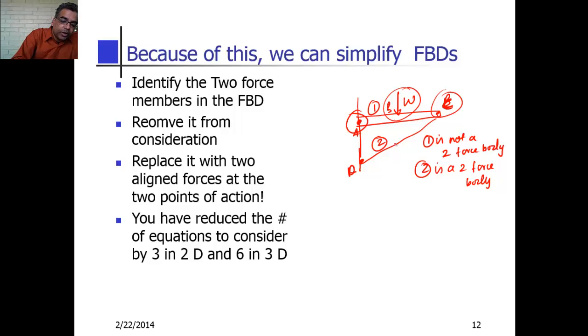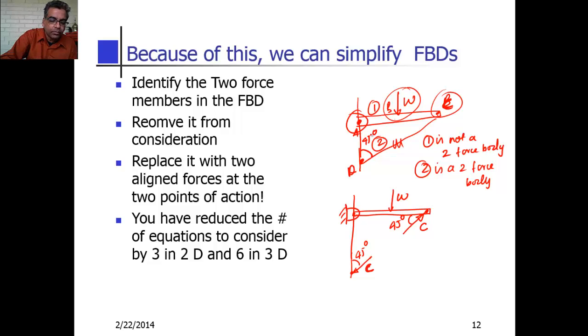So because it's a two-force body, I'm going to eliminate this, and I'm going to redraw it like this. Pin joint here, weight here, and then at point C, I'm going to draw C, and at point D, I'm going to draw C. And this angle is 45 degrees, because that was the angle of the bar. That's the line joining D and C.